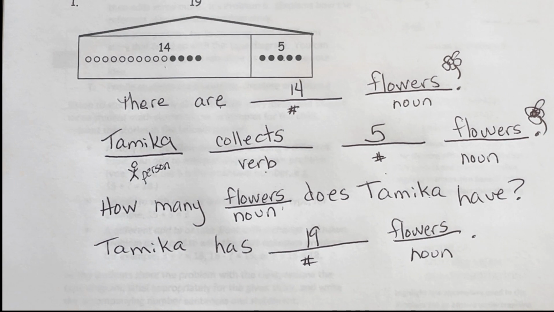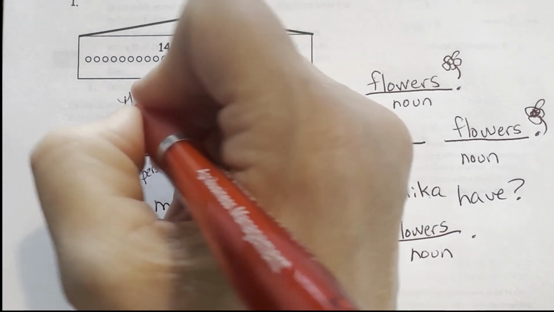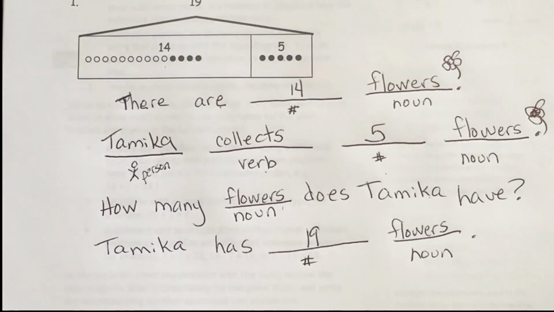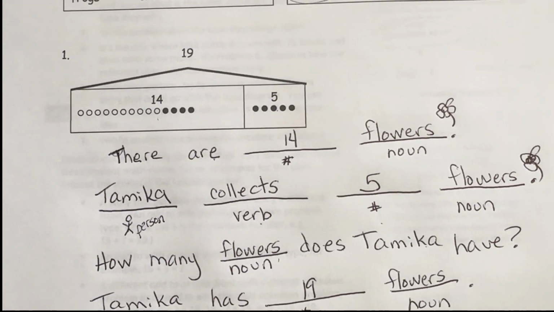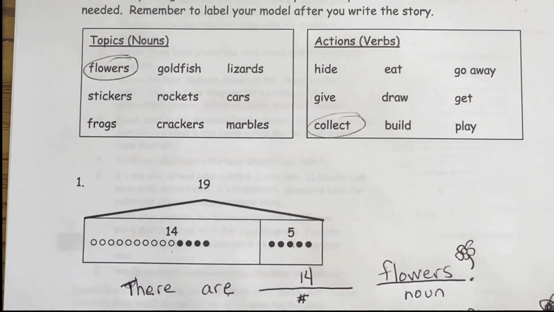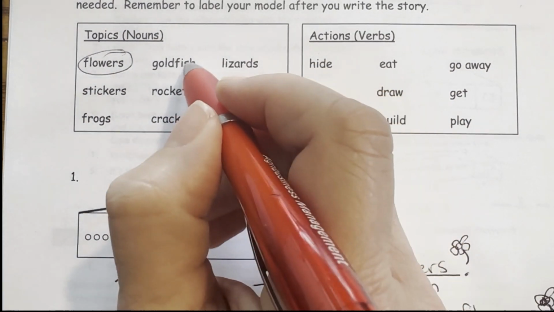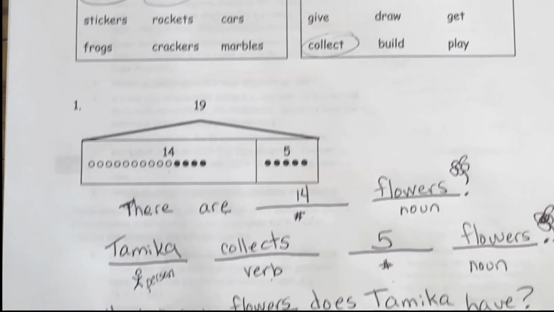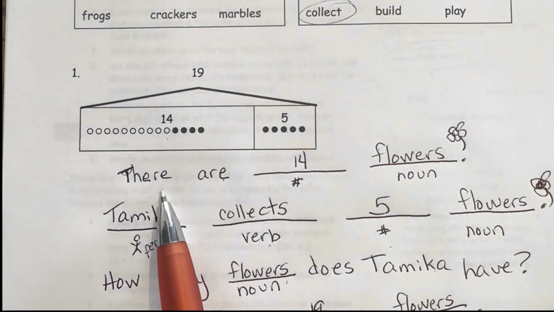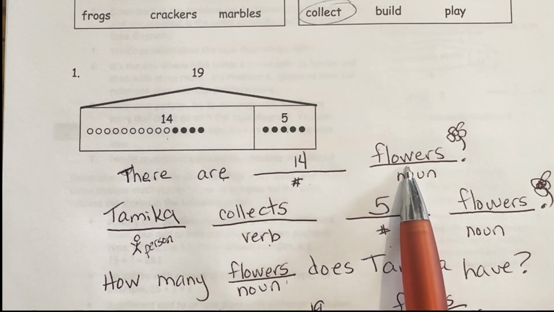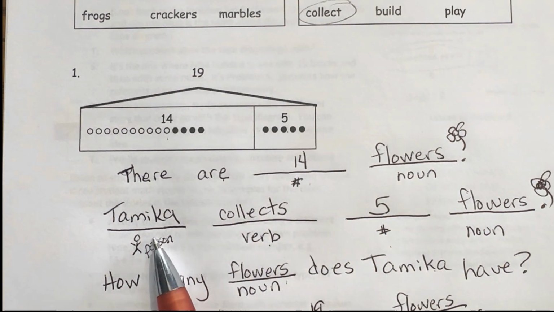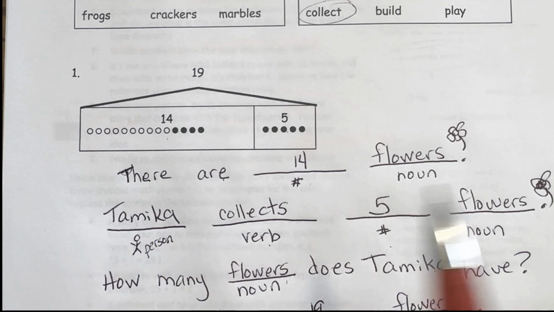All right, so here's our model. It's a little bit higher than sentence patterning. We're getting into problem patterning or paragraph patterning. So now let's take this model and change it up. Let's try goldfish. There are 14 goldfish. Tamika, do you want to put a different name? Let's say Tom.